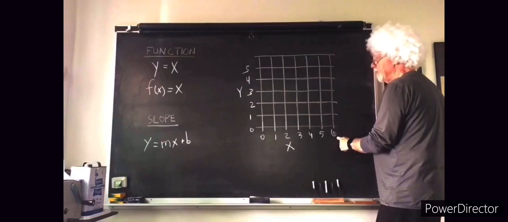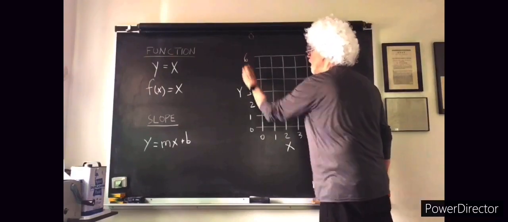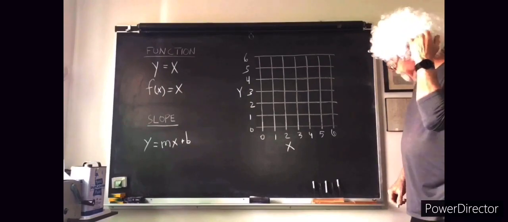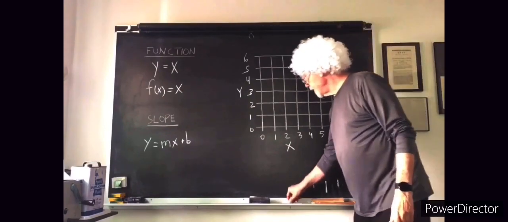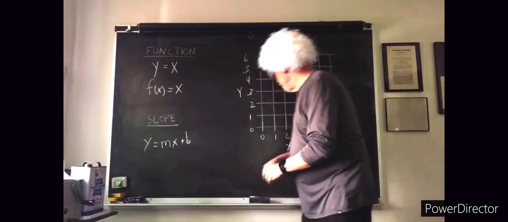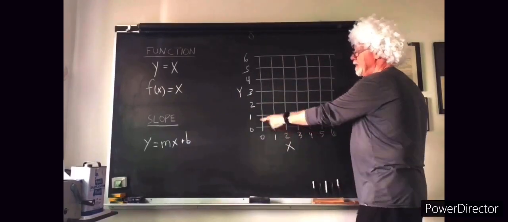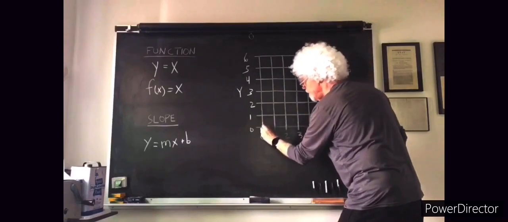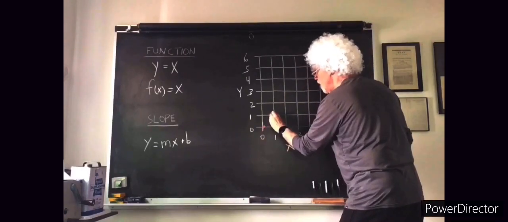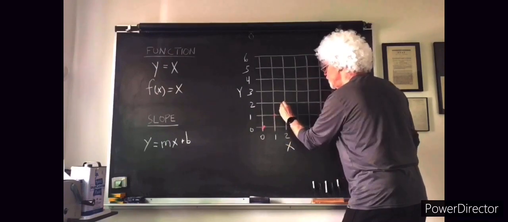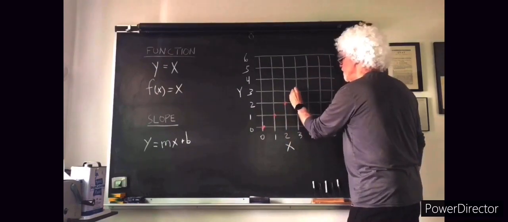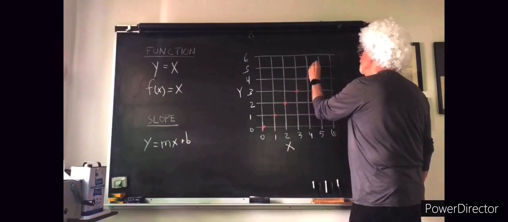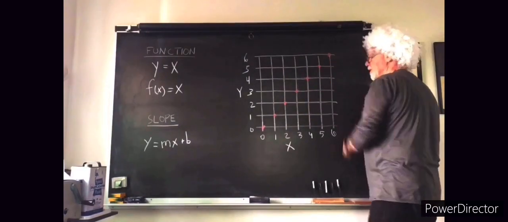And lastly, x is 6, so y is 6. Okay? So I'm going to put these data points at 0,0, 1,1, 2,2, 3,3, 4,4, 5,5, and 6,6.